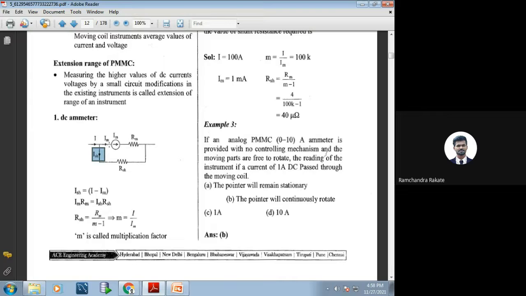So we apply Kirchhoff's current law. We write the equation I is equal to Im plus ISH, and ISH then comes as I minus Im. Now this current is flowing through the RSH resistance. So which law will we apply here?